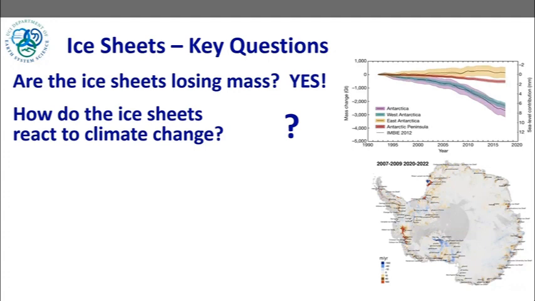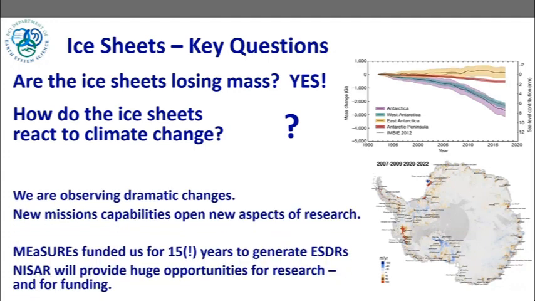So if we want to keep our hand on the pulse of the planet, we need an observation record. And then forecast, this is essentially the modeling community being challenged to make predictions based on what they know and also what the observational community knows. So we are observing dramatic changes.